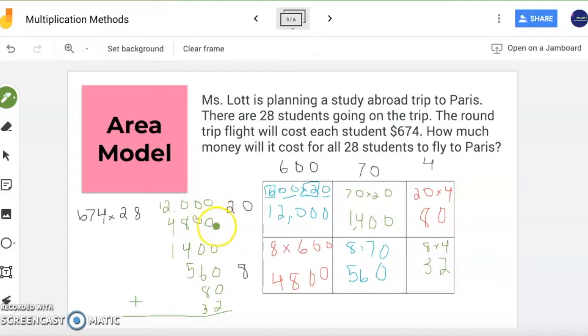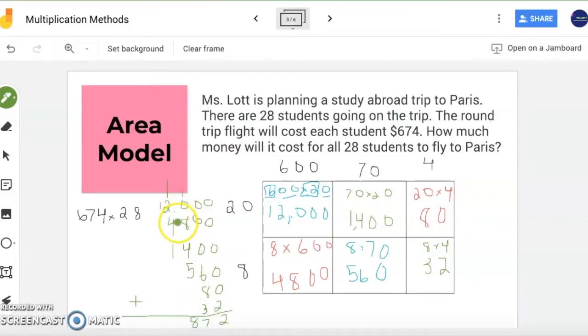I'm going to take a look at my ones place. Here I notice I just have a 2. In my tens place I have 8 plus 6, which happens to be 14, plus 3 is 17. Now I have 8 plus 4 is 12, 12 plus 1 is 13, 13 plus 5 happens to be 18.